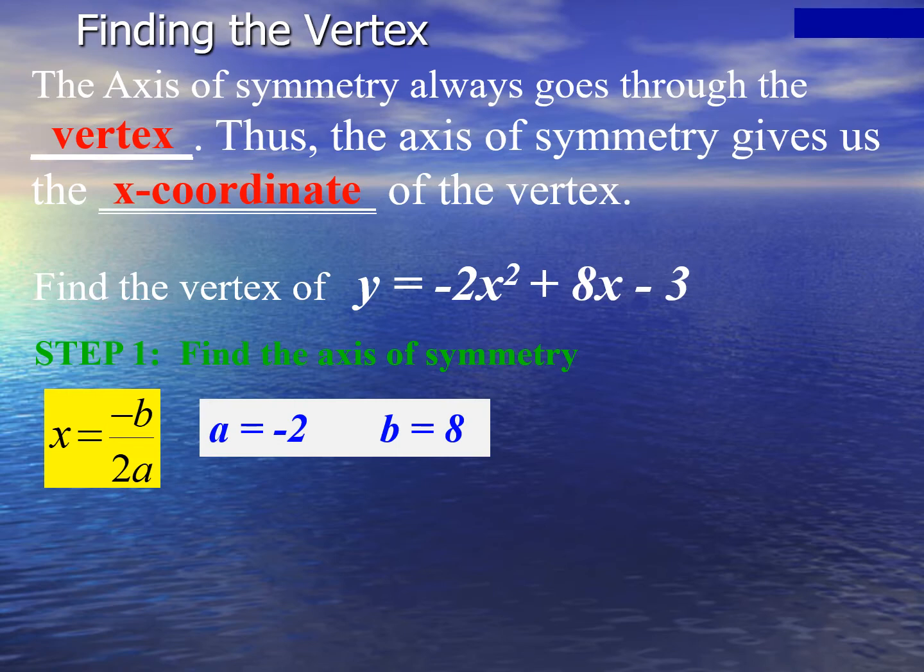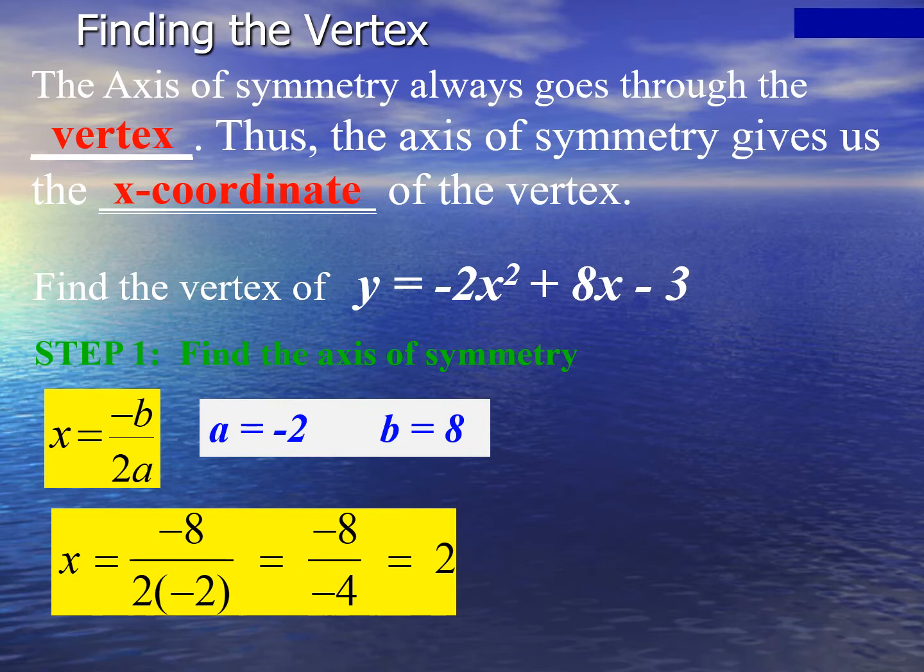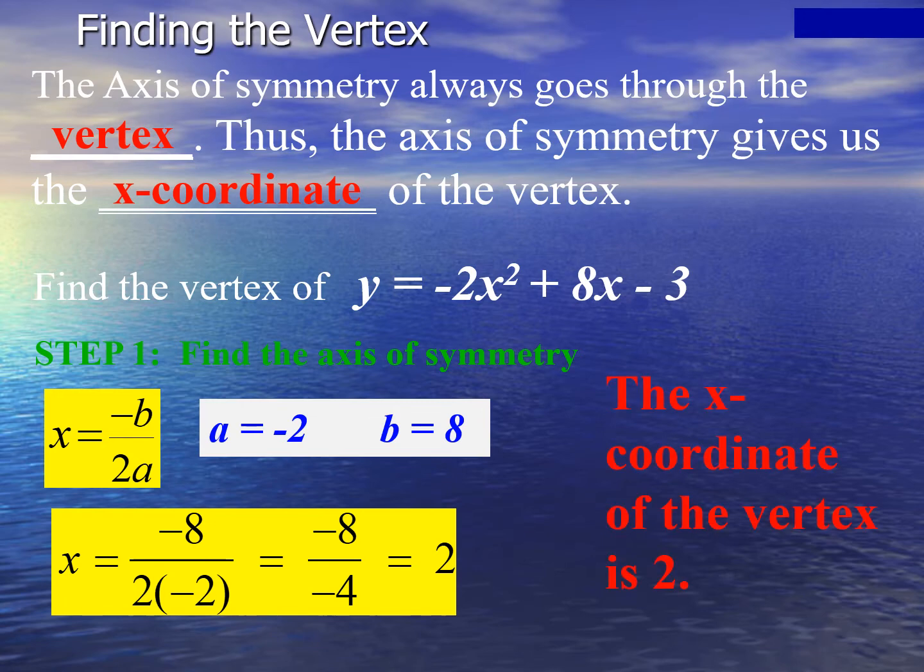So a is equal to negative 2 and b is equal to 8. So we have negative 8 over 2 times negative 2, which is equal to negative 8 over negative 4, which is equal to 2.